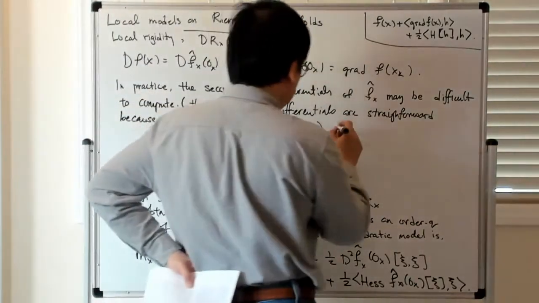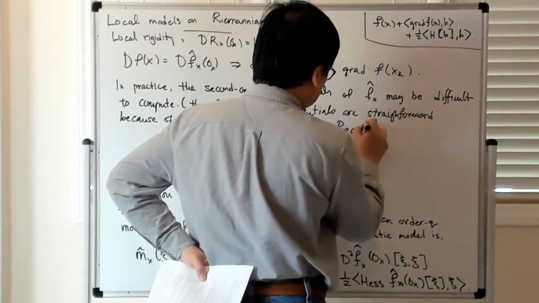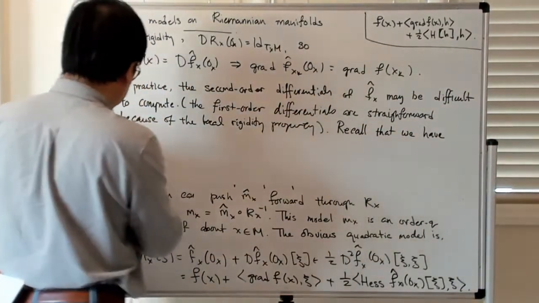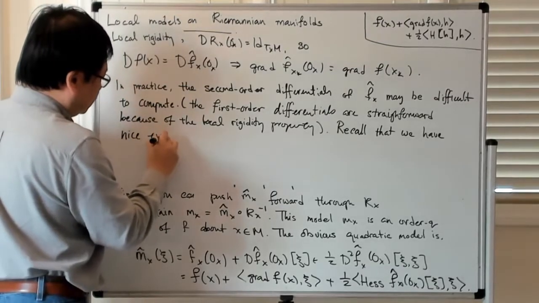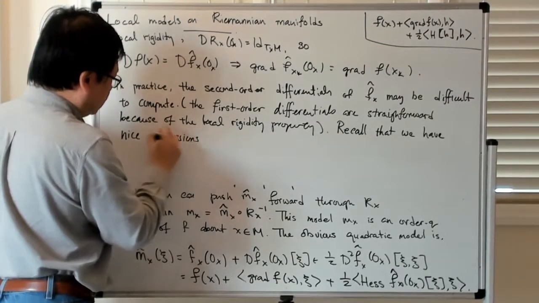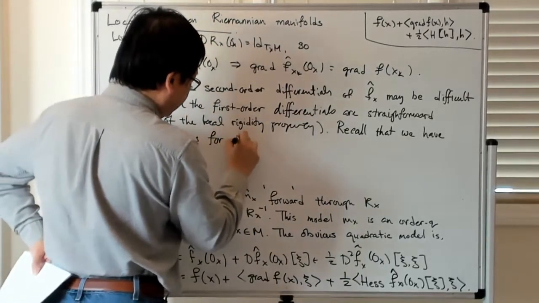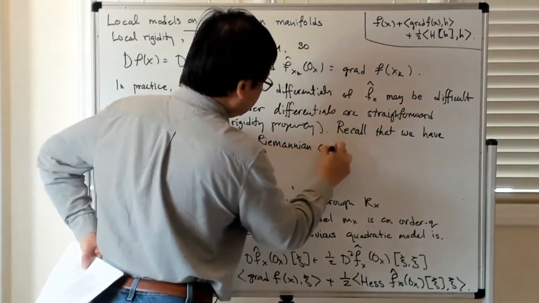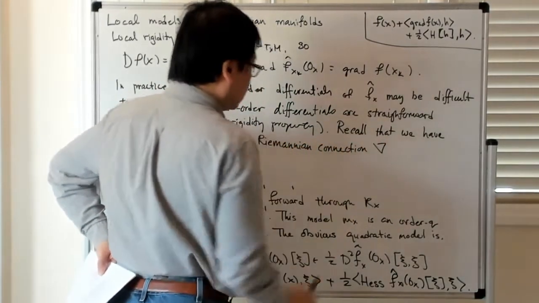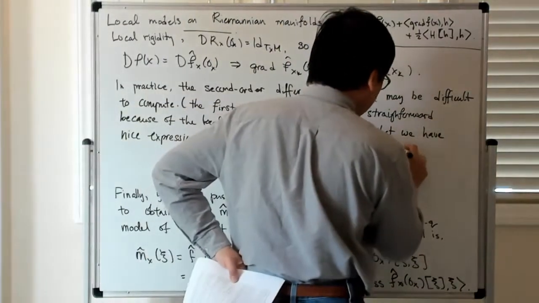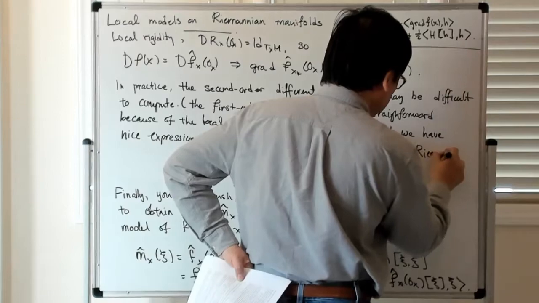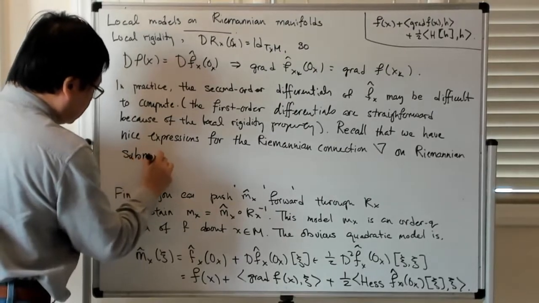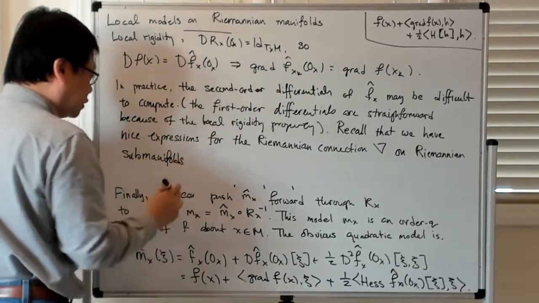So recall that we have nice expressions for the Riemannian connection on Riemannian submanifolds and Riemannian quotient manifolds.